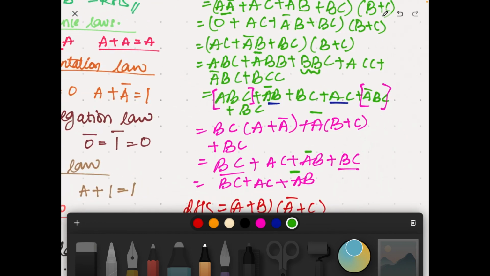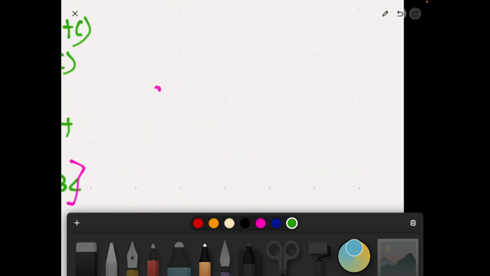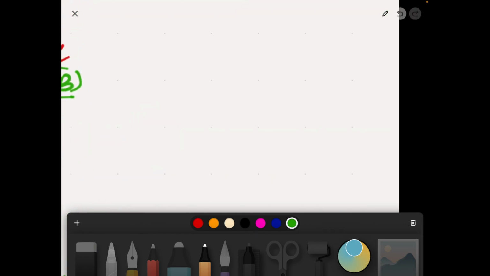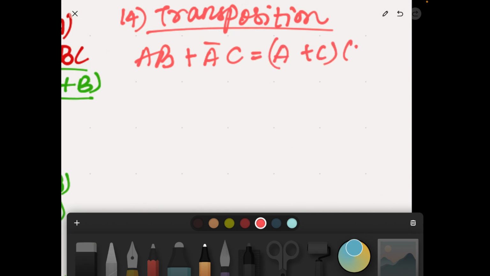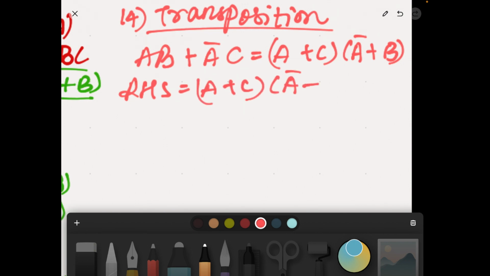Now we move on to the next one, which is going to be your transposition theorem. That is AB plus A bar C is (A plus C)(A bar plus B). Let's work with the RHS, (A plus C)(A bar plus B). Okay, again associative law, this will be done easily.